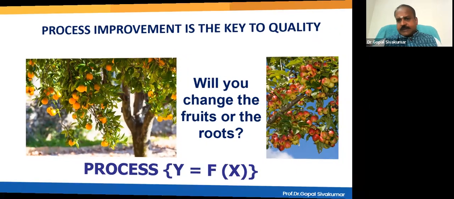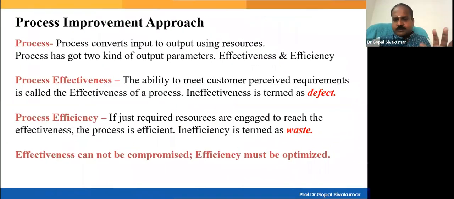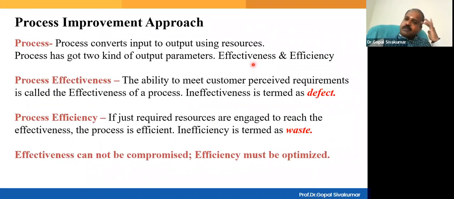Process improvement means you are making meaningful changes in the process, thereby process effectiveness improves and process efficiency also improves. Process effectiveness means the output is completely defect-free. The defect rate will come down from 20% to 10%, 10% to 5%, 5% to 3%, 3% to 1%, and 1% to close to zero.